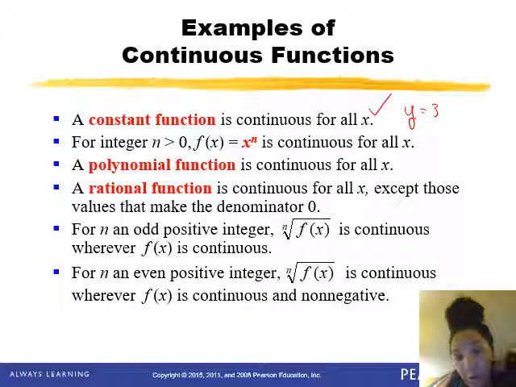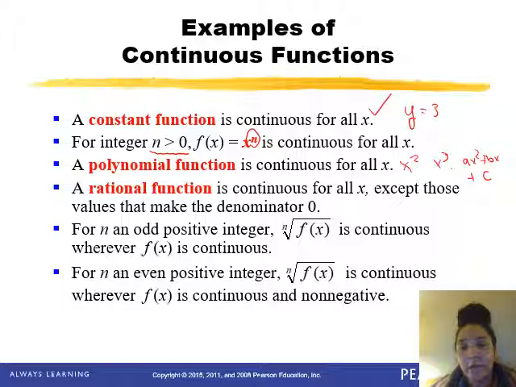For integers where n is greater than 0, basically here your exponent is not negative, it is continuous for all values. A polynomial is continuous for all values. Polynomials are x squared, x cubed, and then ax squared plus bx plus c, things of those natures.